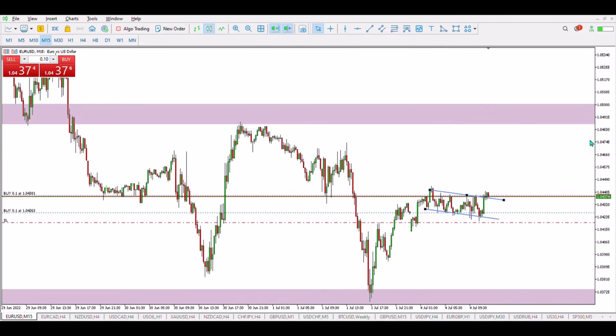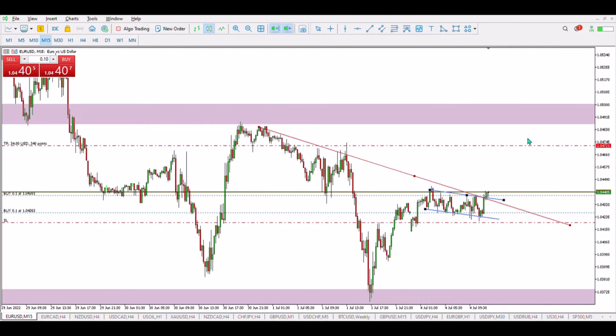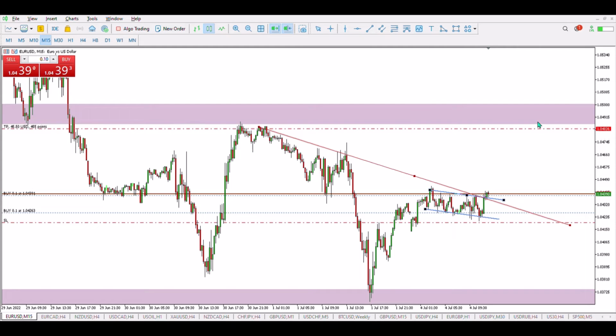So now with the flag pattern and with the bullish momentum, I believe if we can push the price to the upside, we can get to these highs over here, and that would be my target.